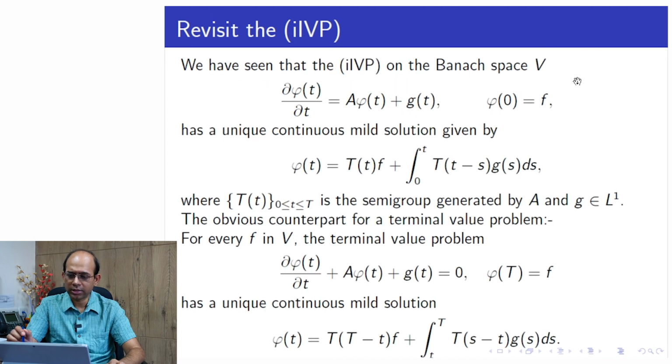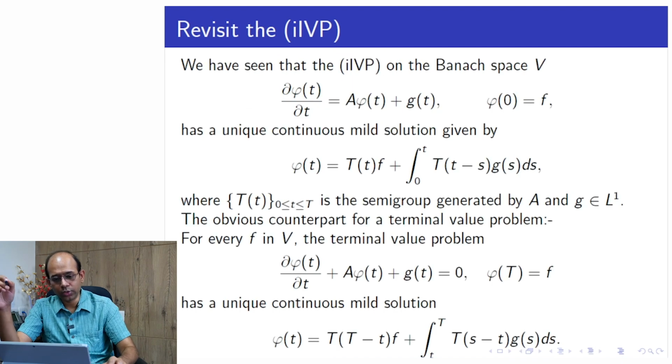You remember that here capital V is actually the set of all functions on the state space. Those functions you can take as bounded measurable or bounded continuous functions with the sup norm, and bounded continuous functions with the sup norm give me a Banach space V.